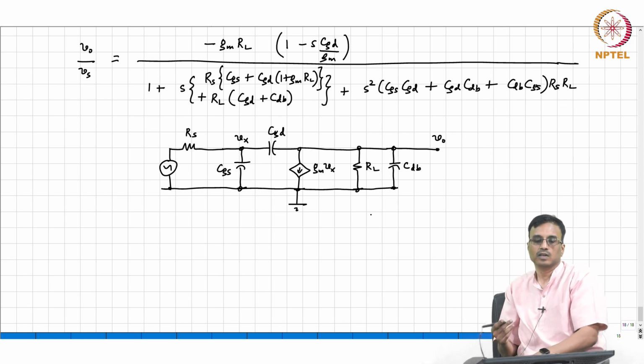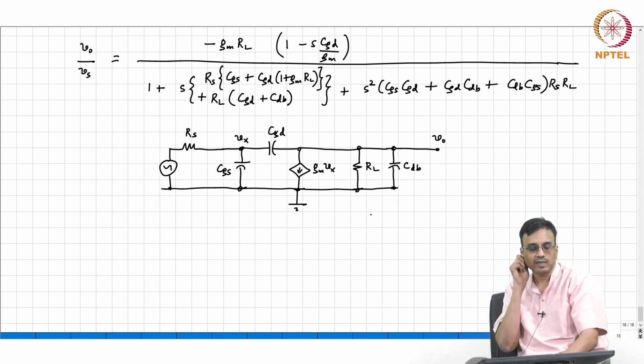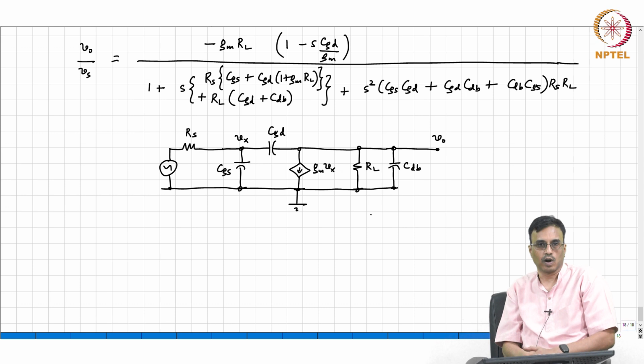Okay. The next question to ask is, is the system stable or not? Does this represent a stable transfer function? For a system to be stable, what comment can we make about the location of the poles? They must be in the left half S plane. So, where are the poles of this transfer function?